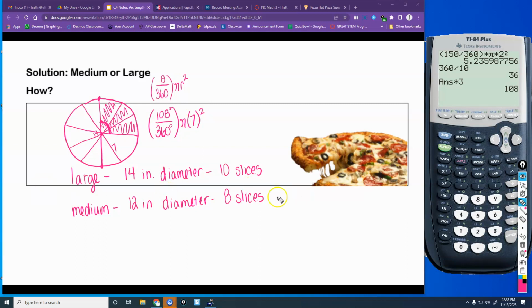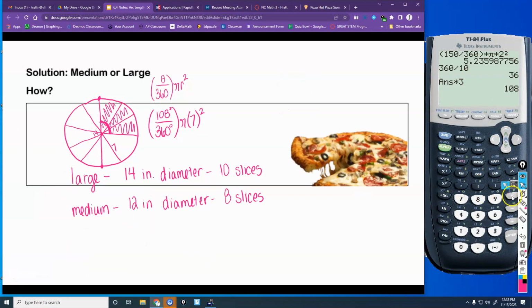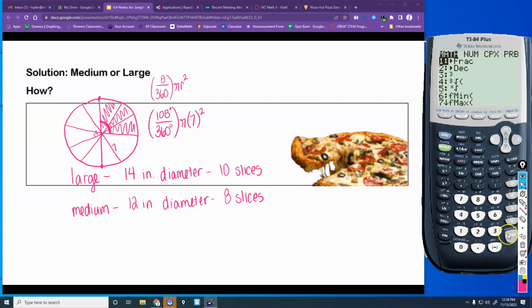Now, notice what happened: 108 divided by 360, if I reduce that fraction, it is 3/10 of the pizza. That should make sense because you got 3 out of the 10 pieces.